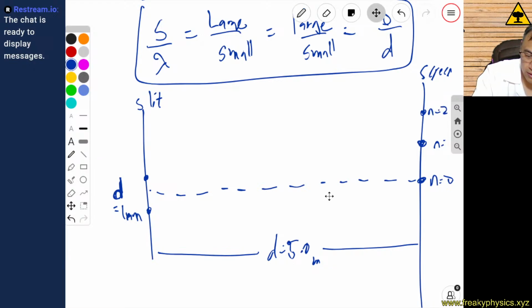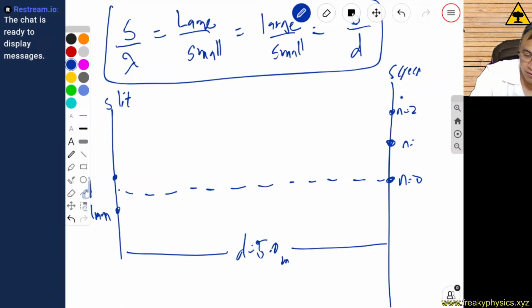And let's give it a distance. From n equals 0 to n equals 1, let's think of a realistic value. Let's put this at 3.0 cm.